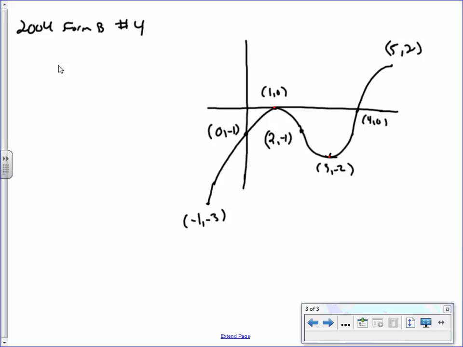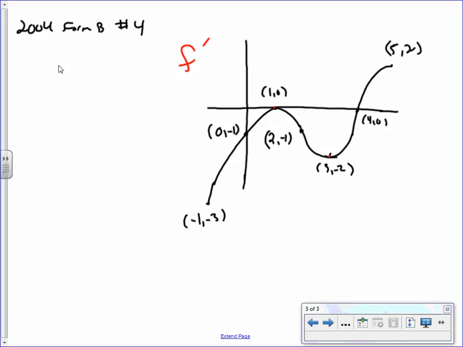It is not the graph of f, it is the graph of f prime. So they skip that little step where they say g is equal to the antiderivative for the definite integral. So they just tell you straight out, this is the graph of f prime. So make sure you understand, you're not looking at f, you are looking at f prime.